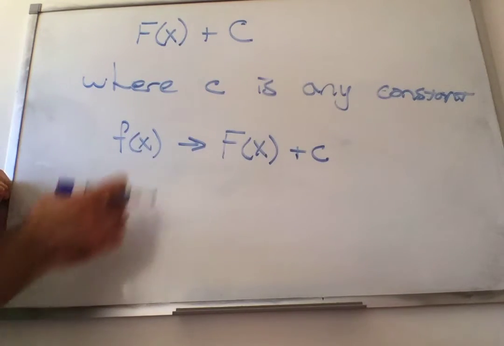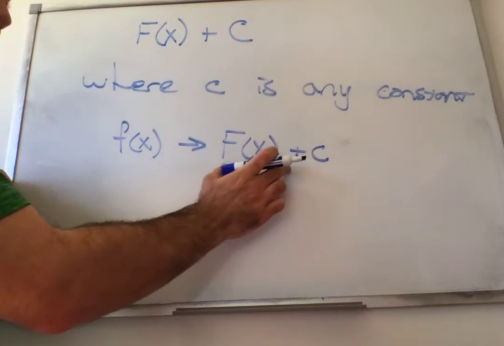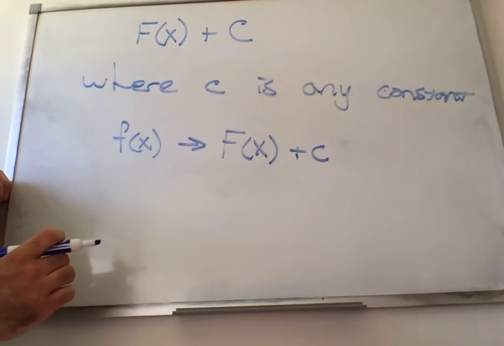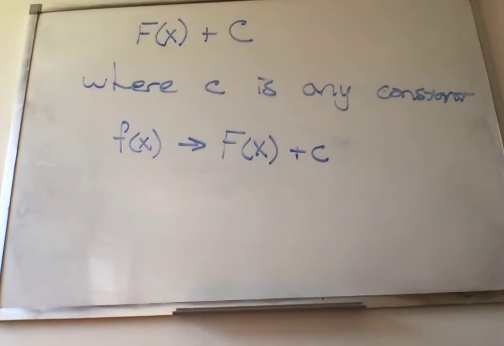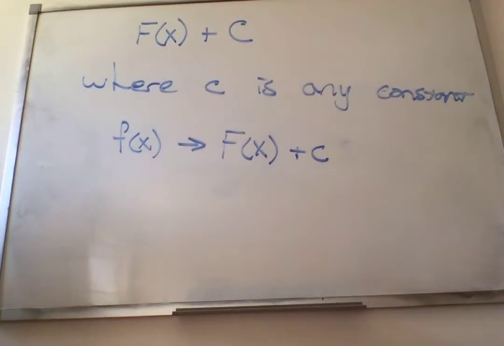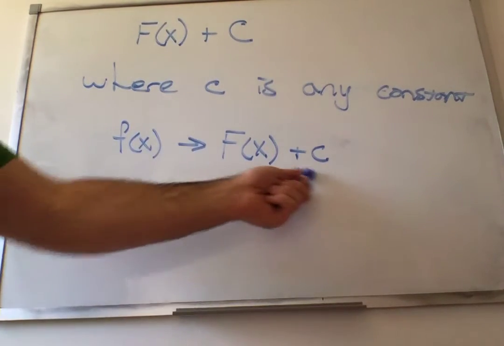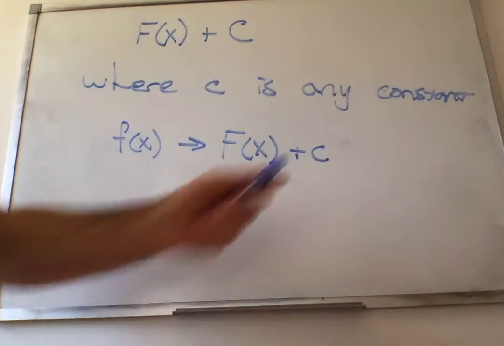Only thing is, if I start here and take the antiderivative, I don't know what the constant is, so I put a plus c on it. This is the most general form of an antiderivative. Big F of x plus c.